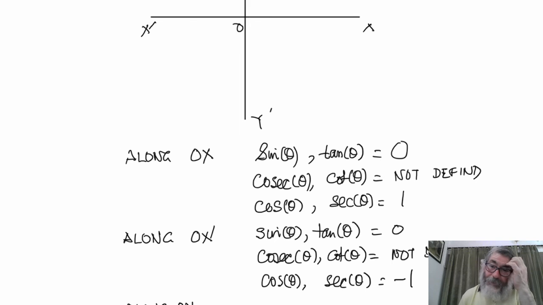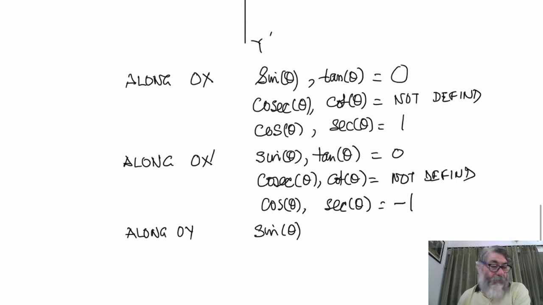OY means the vertical axis, going up in the positive direction. Now please remember what was there. Here, sin theta is going to be sin 90, which is 1.